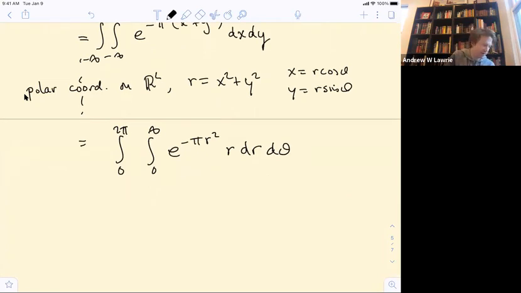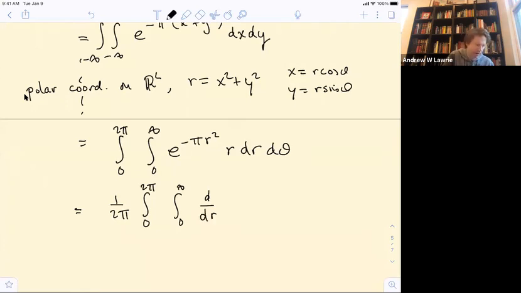And then this is equal to 1 over 2 pi, integral from 0 to 2 pi, integral from 0 to infinity. And now I can see it, I can do the fundamental theorem.